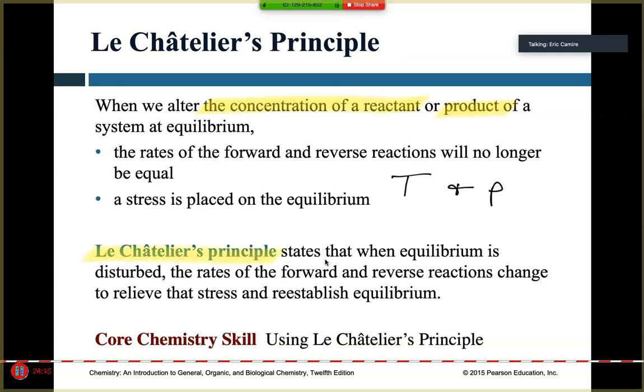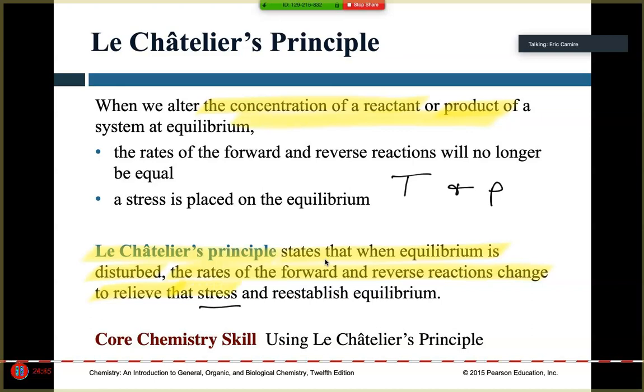So we state this as Le Chatelier's principle. I'll show you in a second using visualization exactly what it means. But what it's saying is the state when equilibrium is disturbed. So it means I started at equilibrium and I've done something to mess with it. Usually that's changing the concentration of reactants and products. The rates of the forward and reverse reaction will change, and they're going to try to relieve the stress.